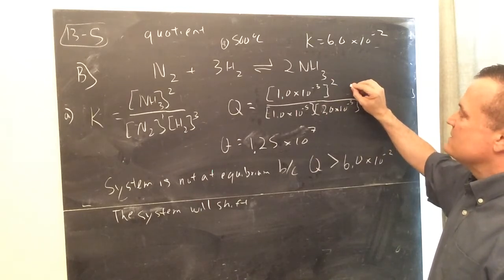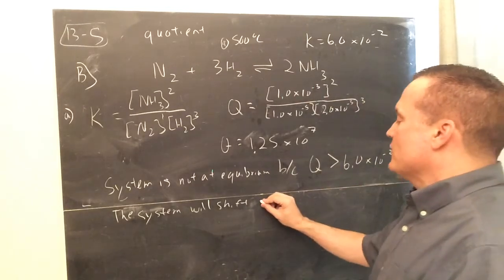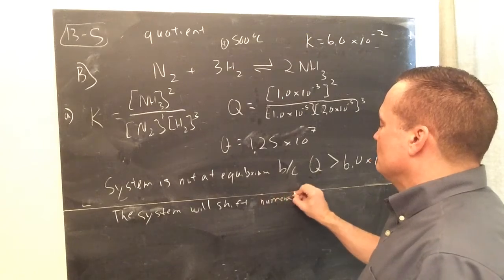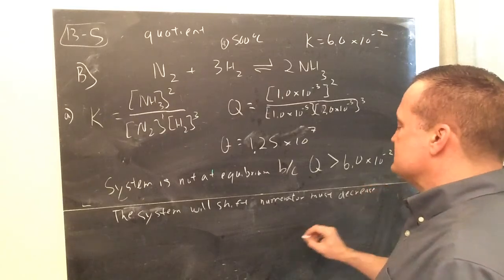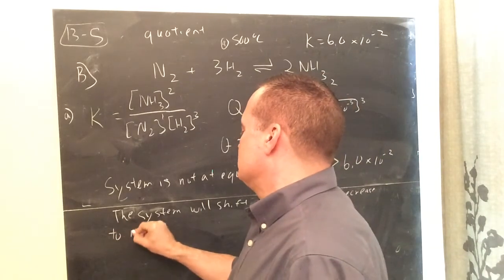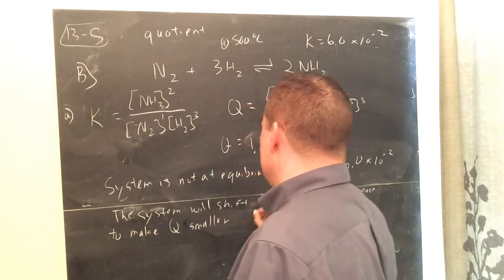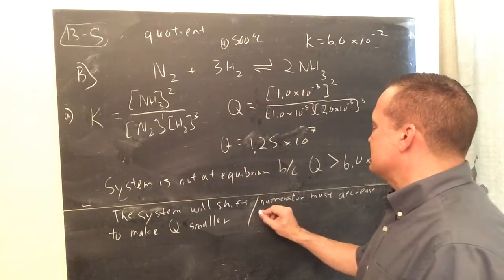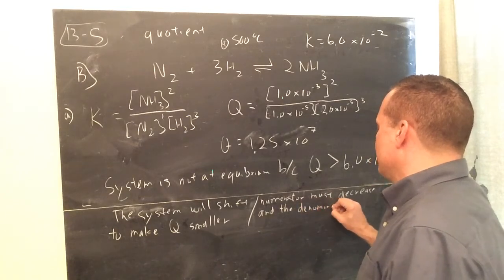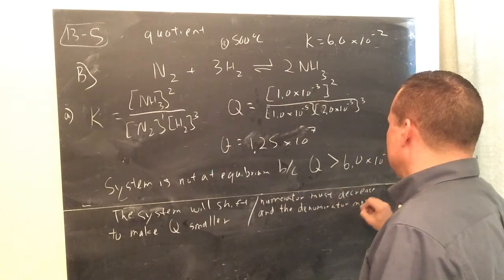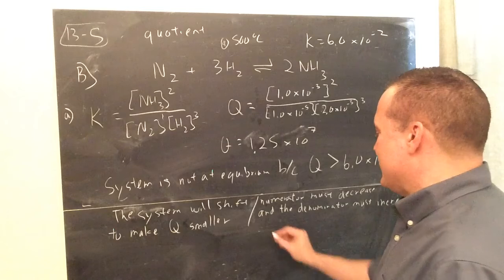Material that was in the top part, the numerator, will decrease. The numerator must decrease, and the denominator must increase, until Q equals K.